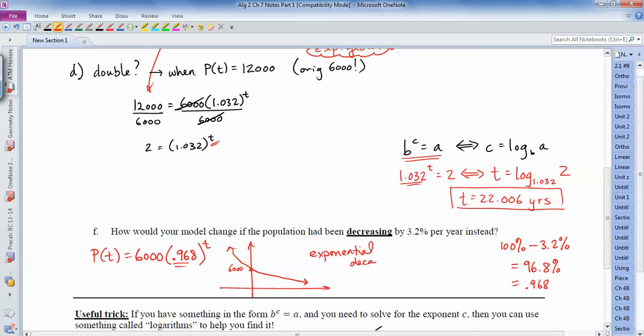And you can picture, if I keep decreasing by 3.2%, way in the future at some point, I'm eventually going to taper off and have nobody left. So it'll eventually approach 0 over here. So I'll write this asymptote is y equals 0. Or p equals 0, actually, let's say. That's the population. Okay, hope that helps a little bit.